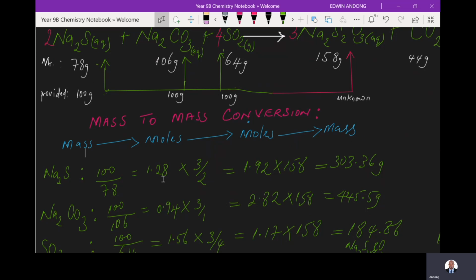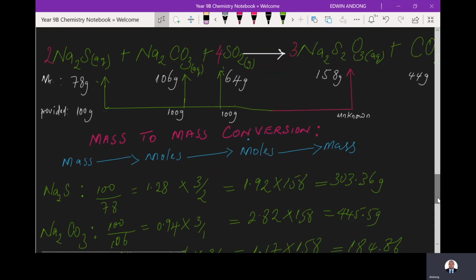But in this case, we need to have the moles of sodium thiosulfate. So we need to multiply the moles that we have got by the mole ratio. And the mole ratio is what? The coefficient of the product divided by the coefficient of the reactant.